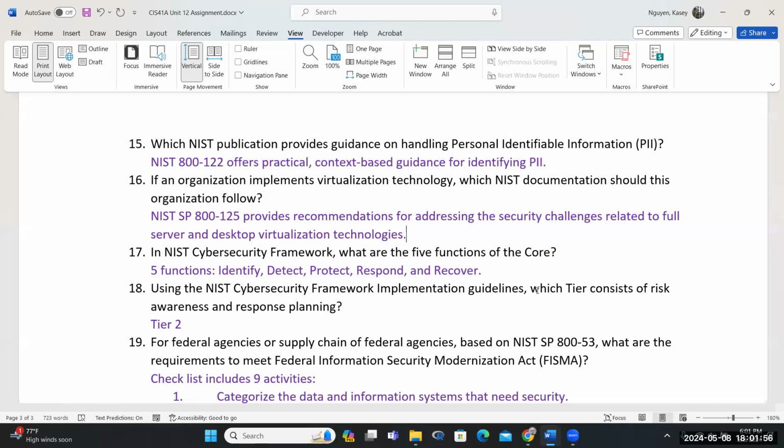In the NIST cybersecurity framework, in the functions of the core, which is the beginning part of the framework, you need to identify, detect, protect, respond, and recover. That's really what the chapter is about, right? So the 5 functions are identify, detect, protect, respond, and recover.